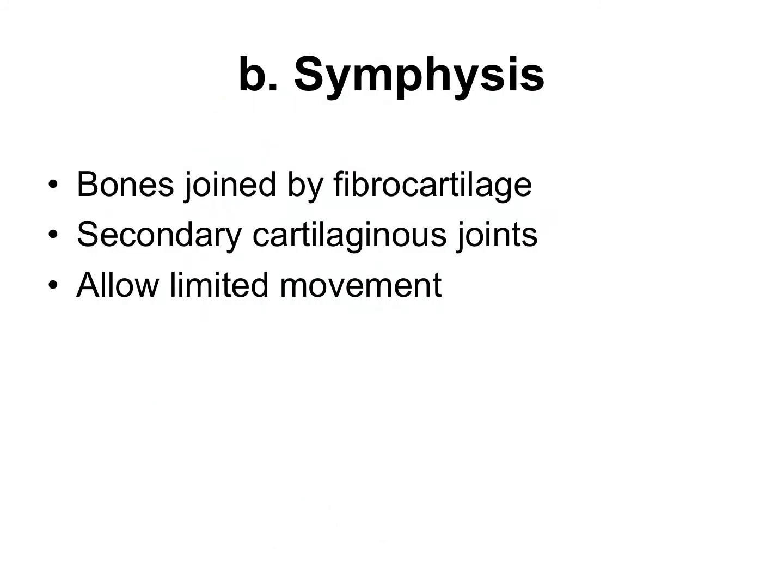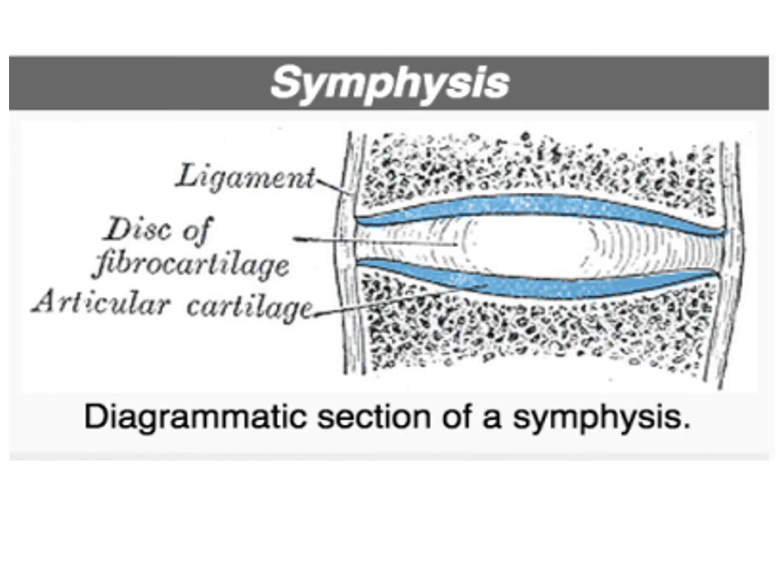Next, we come to the second type of amphiarthrosis, that is also called the secondary cartilaginous joint and allows a limited amount of movement. Here you can appreciate the figure of the symphysis. In symphysis, there is a disc of fibrocartilage present between the two hyaline cartilages that are covering the opposing edges of the bones that are going to form the joint.